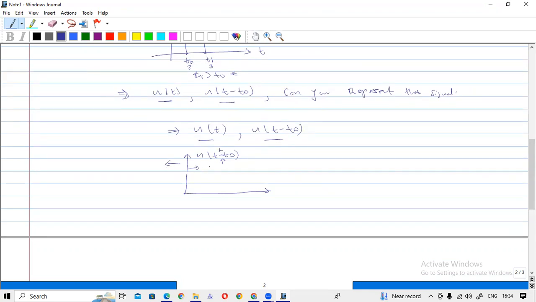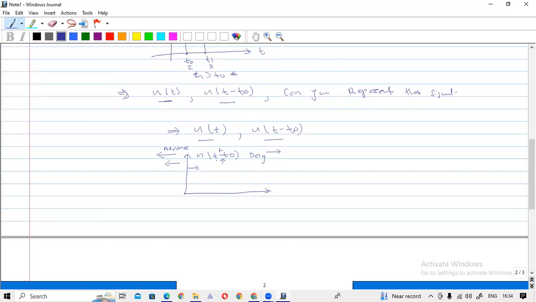So this is the time delay shifting. If it is shifting this way, we call it delay shifting. And if it is shifting this way, what have we called it? It is a time advance, an advance shift. So here you have a delay shift.